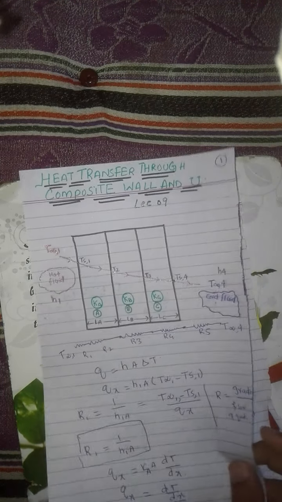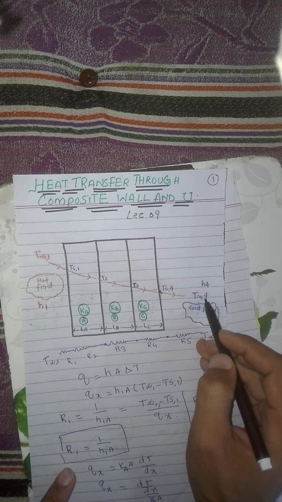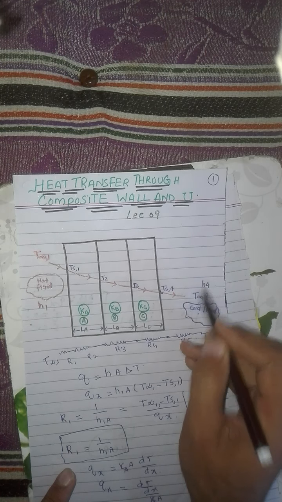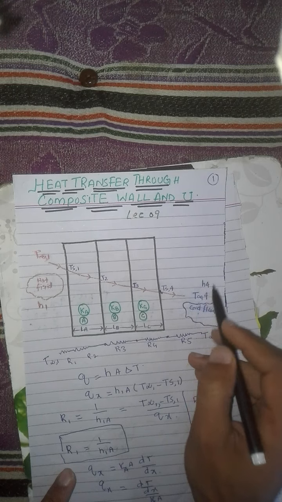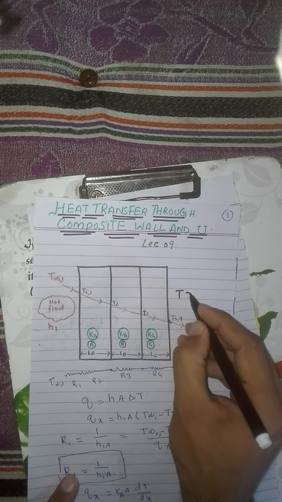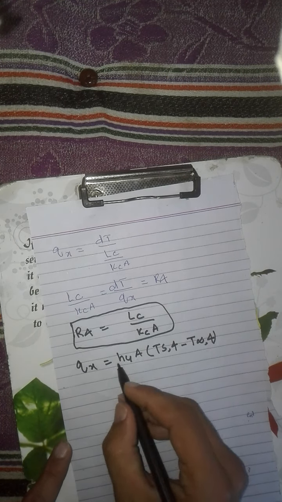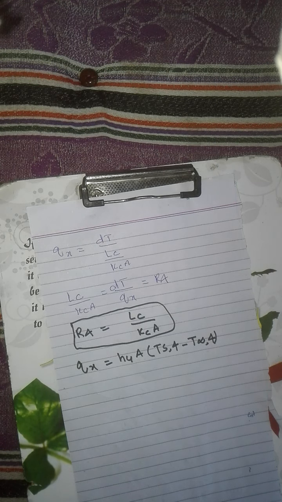This is Ts4, this is T infinity 4, and this is the heat transfer coefficient H4 of the fluid. Therefore we will use the heat transfer coefficient of the cold fluid, which can be at 25 degrees C or at room temperature. So the heat transfer through this is by convection, with heat transfer coefficient H4 into area. So we can rearrange this equation.